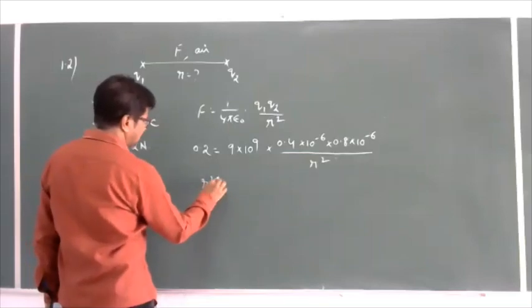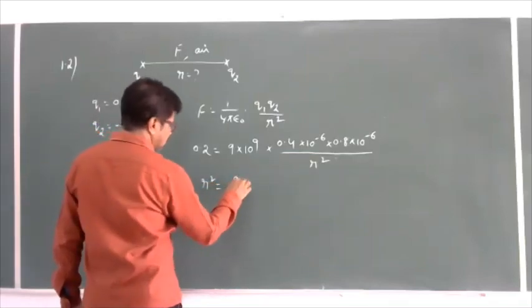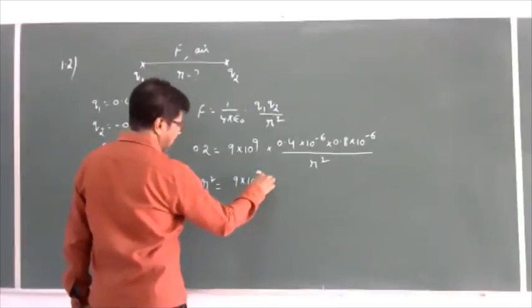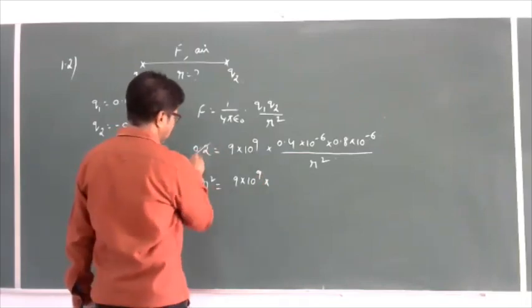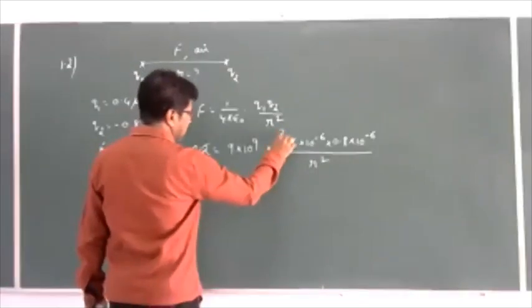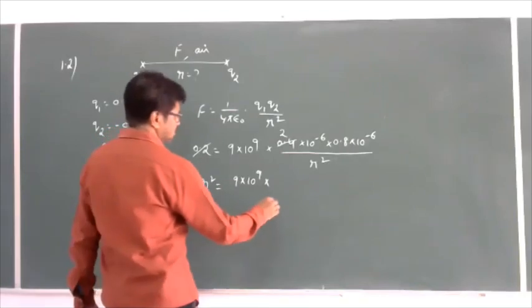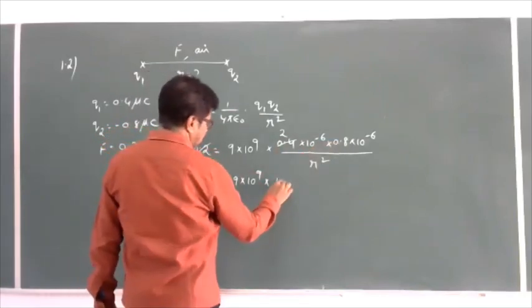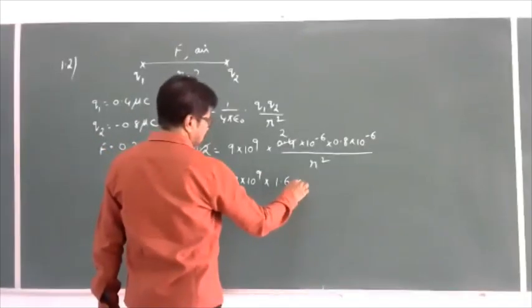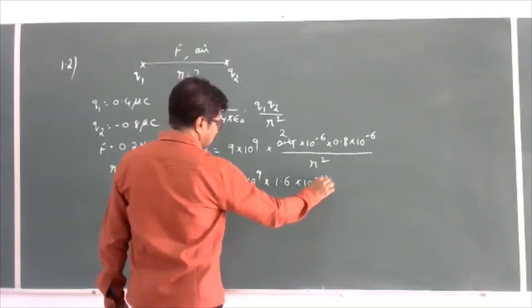Then R square is equal to 9 into 10 to the power of 9, divided by 0.2, times it will be. So 2 into 0.8, 1.6 into 10 to the power of minus 12.